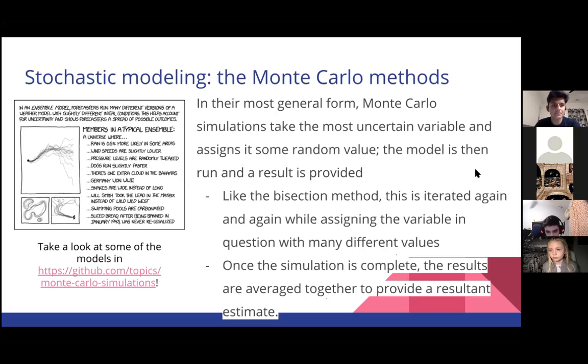As Munroe puts it, forecasters run many different versions of a weather model with slightly different initial conditions, and this helps account for uncertainty and shows forecasters a spread of possible outcomes.